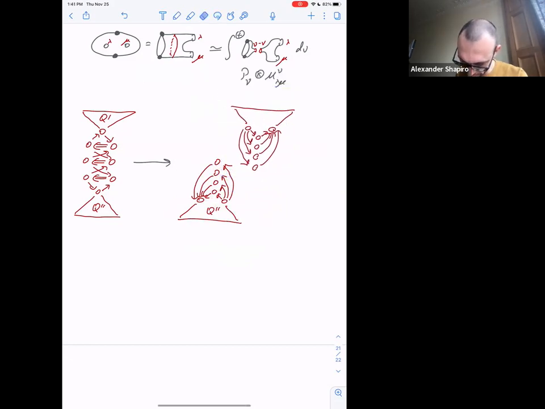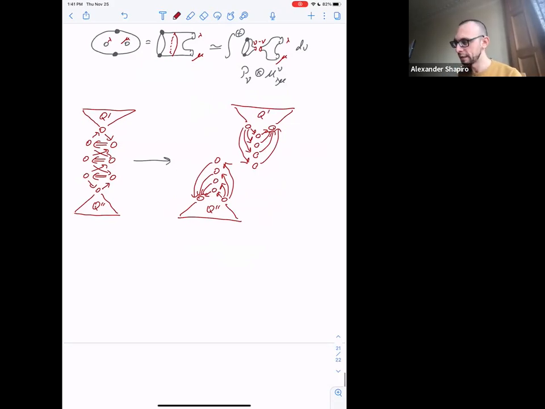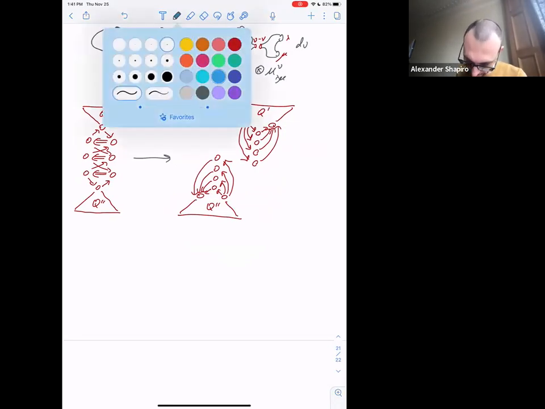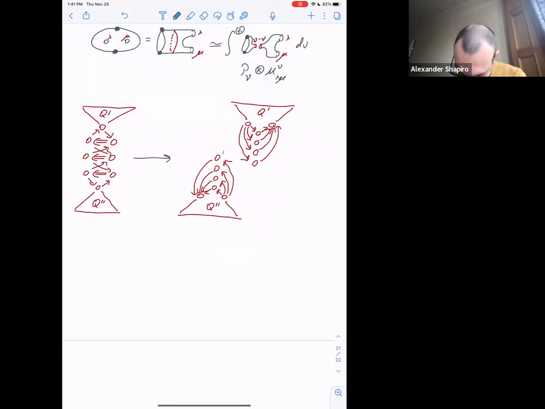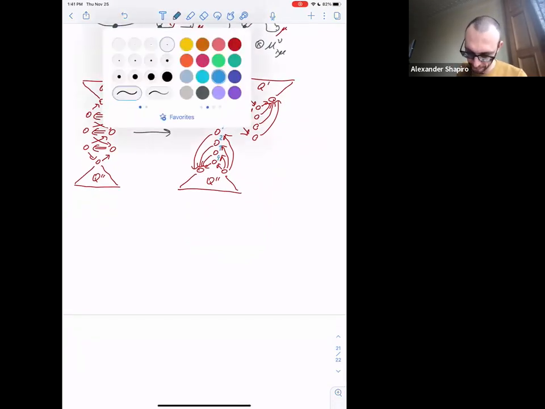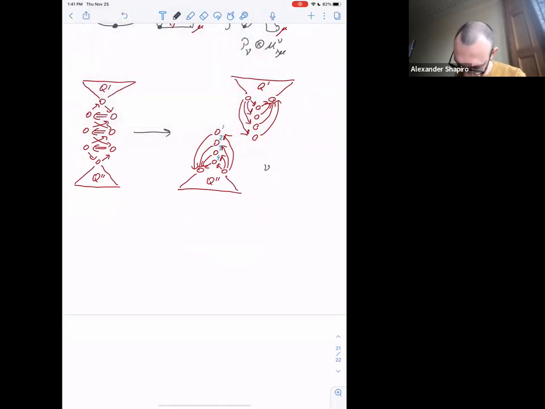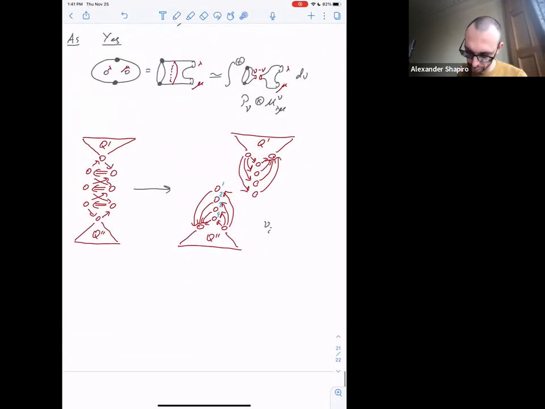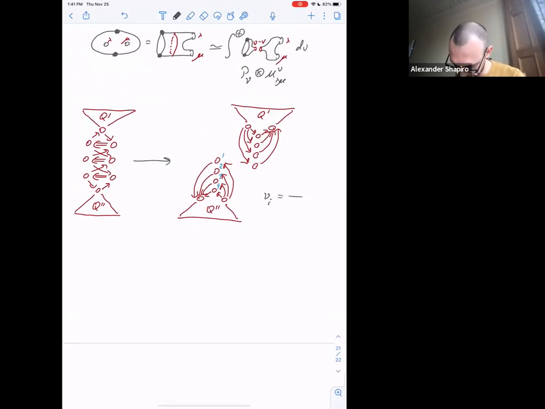Here we have quiver Q prime. If we label the vertices here 1, 2, 3, and 4, then our eigenvalues nu, so nu i is just the ratio of y i over n. In this case, n is equal to 4, right?